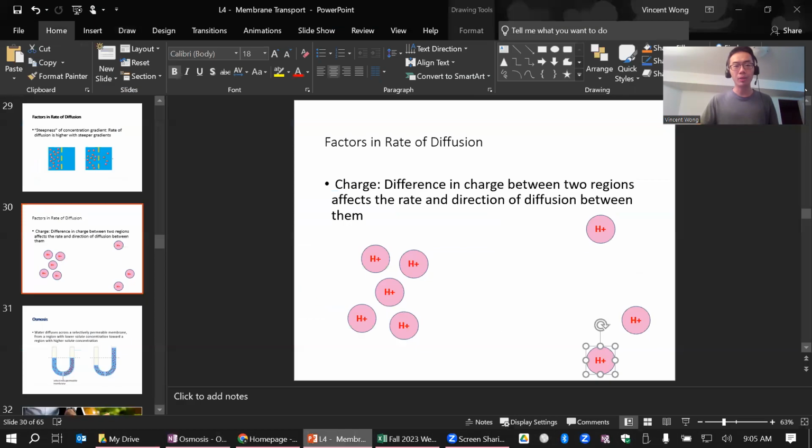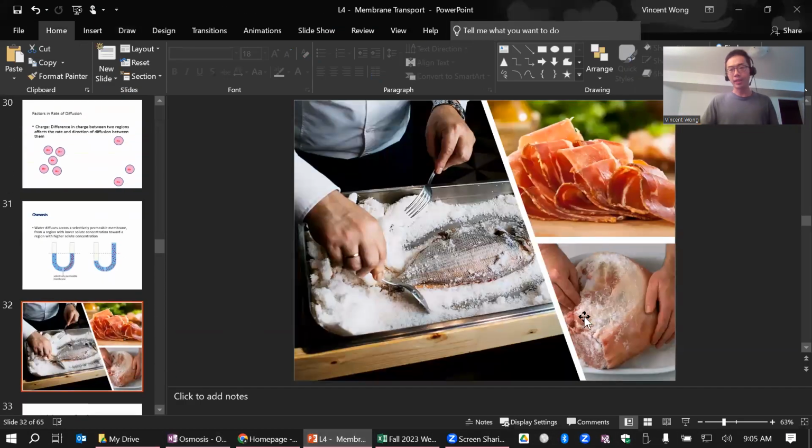That is why people do salting. I mean, before refrigeration was invented, to preserve food, you needed to basically use salt to preserve them. Why does salting the food preserve them? Anybody?